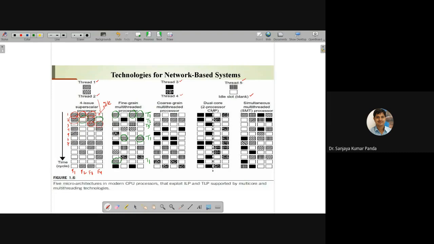Similarly, if you go for coarse grain, there are two types of granularity: one is called fine granularity, another is coarse granularity. If you want to understand this concept in simpler terms, suppose somebody is asking what is your home address.